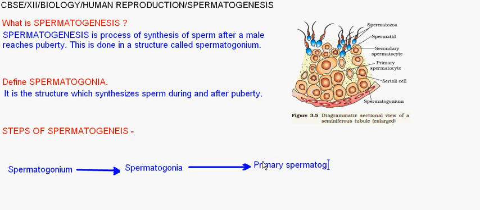Then next structure, secondary spermatocytes. From this, spermatids are produced.